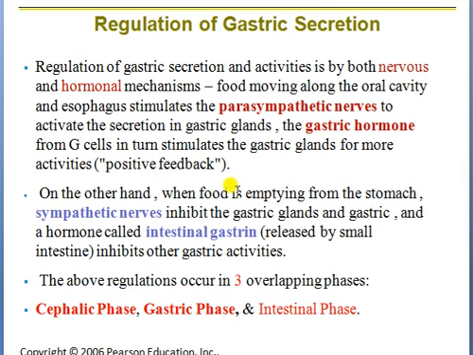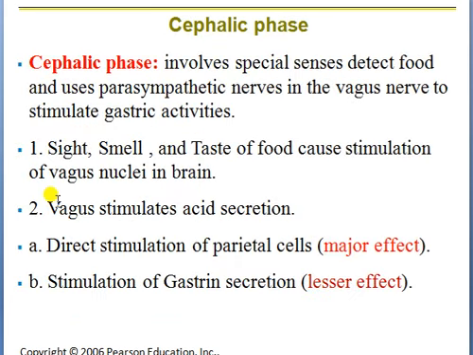So regulation of gastric secretion: the regulation is by the parasympathetic nerves and gastric hormones, and it happens through three phases: cephalic phase, gastric phase and intestinal phase. In the cephalic phase, it is mainly the involvement of sight, smell and taste.